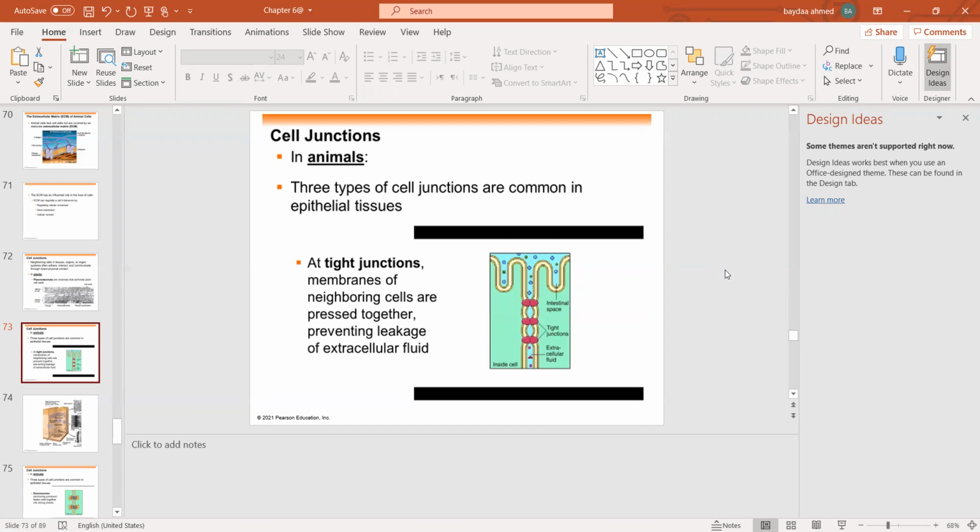In tight junctions, the plasma membranes of neighboring cells are very tightly pressed against each other, bound together by specific proteins, forming continuous seals around the cells. Tight junctions establish a barrier that prevents leakage of extracellular fluid across a layer of epithelial cells.